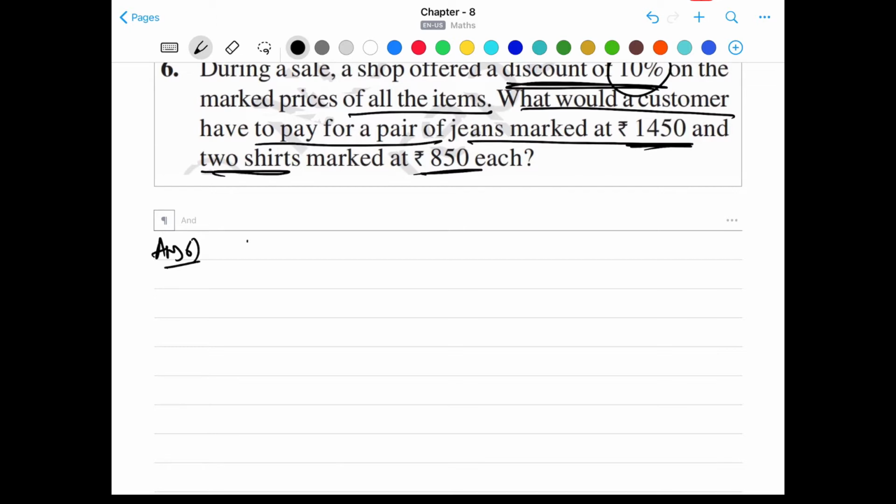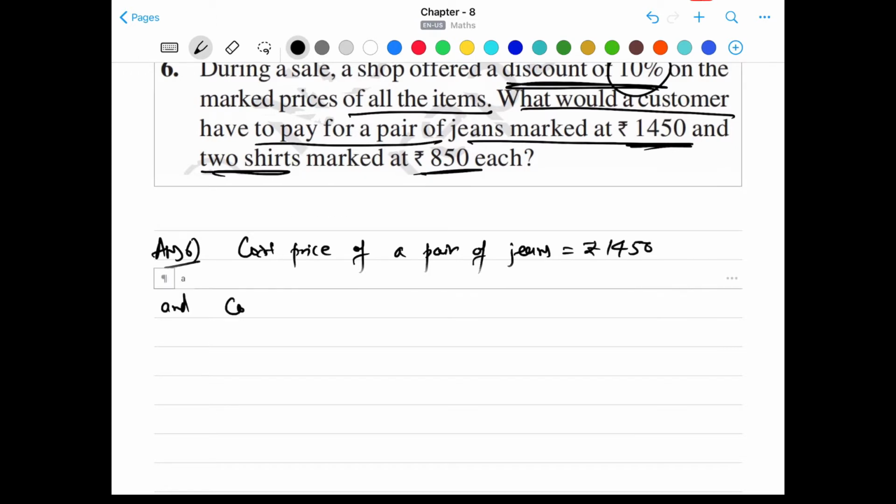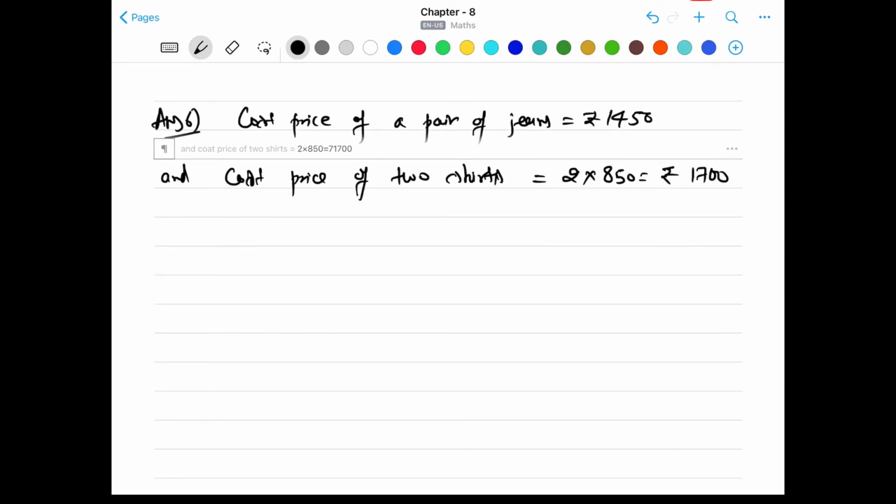Here first we'll write the cost price of a pair of jeans is 1450 rupees and the cost price of two shirts is given by 2 into 850 rupees, that is rupees 1700.